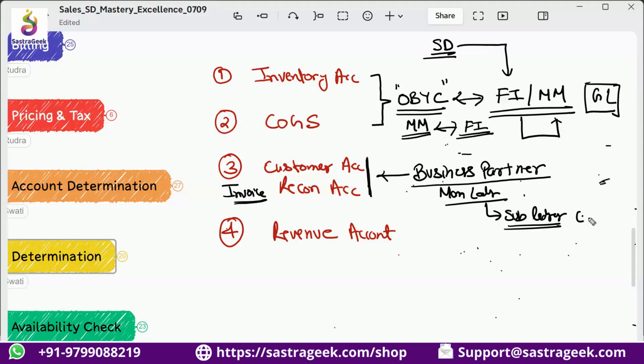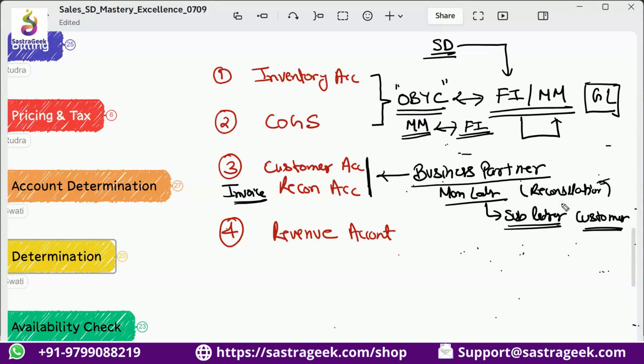So your customer number is always a sub ledger account. But which main ledger it needs to connect with, that is called the reconciliation account. And you will see both entries. You will see the reconciliation account, and you can see the customer account number also displayed there.